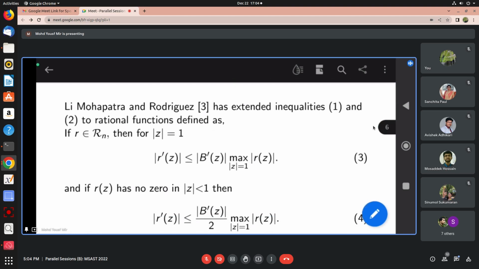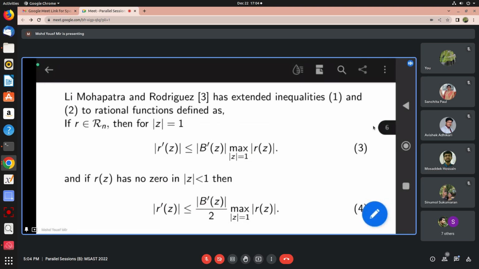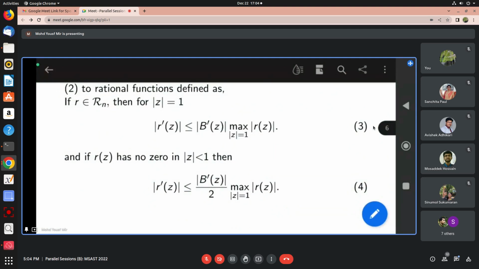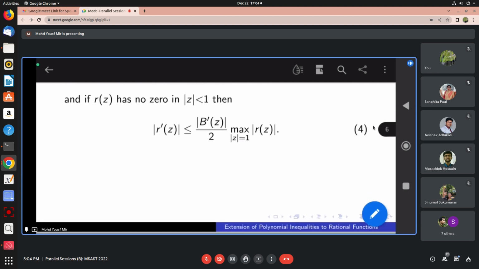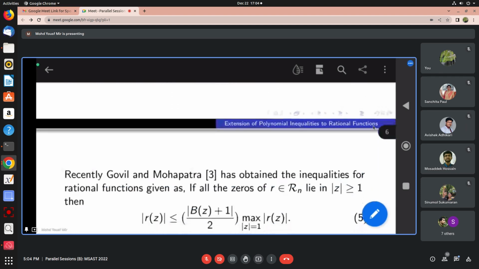Li, Mohapatra, and Rodriguez were the first mathematicians who extended these polynomial inequalities to rational functions. They first proved that if R belongs to Rn is a rational function, then for modulus of z equal to 1, we have inequality 3, where B' is the derivative of the Blaschke product. And if R(z) has no zero in the disk of radius 1, then inequality 4 holds.